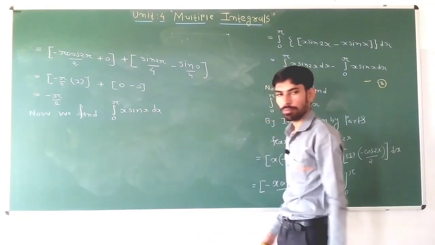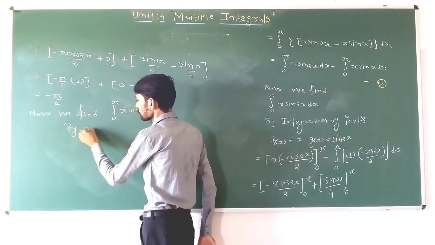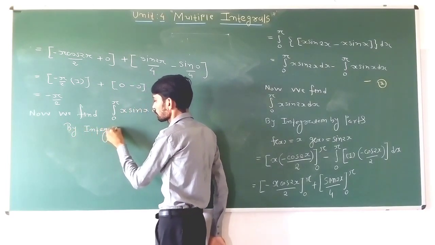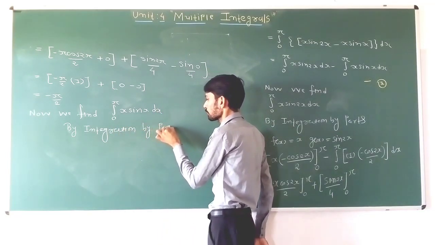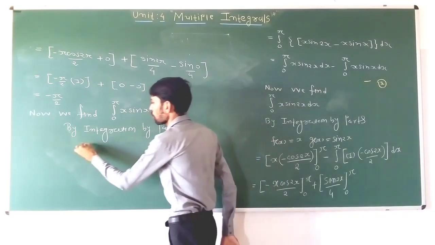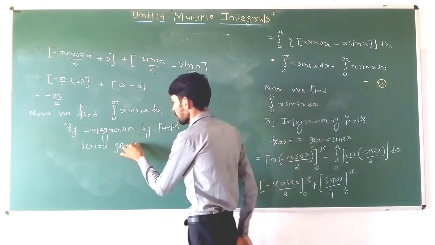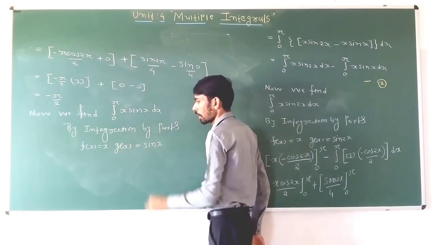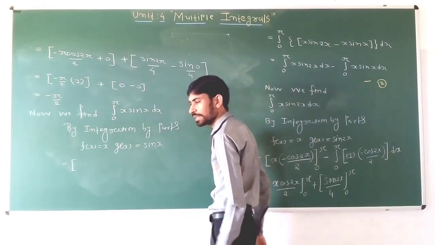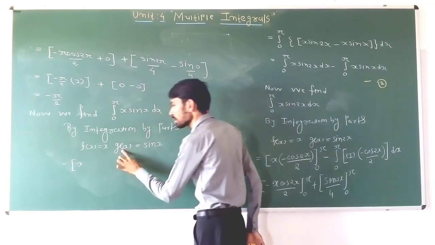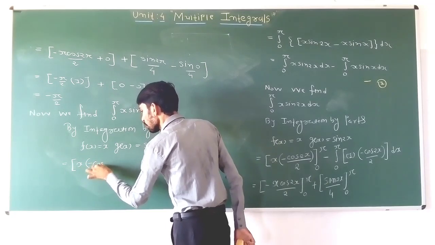So again here we apply our formula, integration by parts. Here f of x is equal to x and g of x is equal to sin x. So it is equal to f of x as it is, x, times the integration of g of x. Integration of sin x is minus cos x.